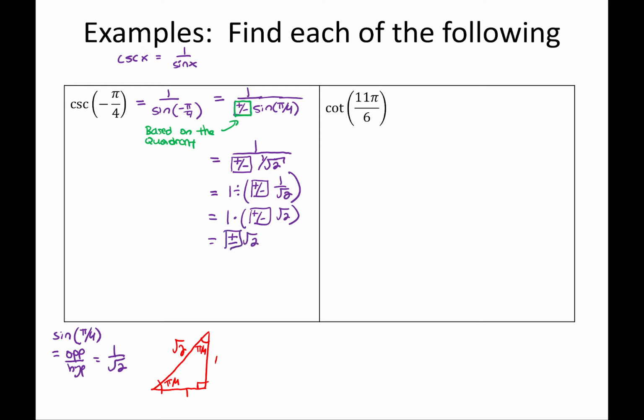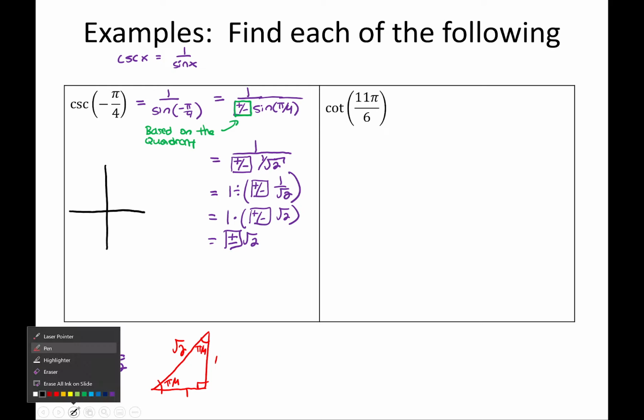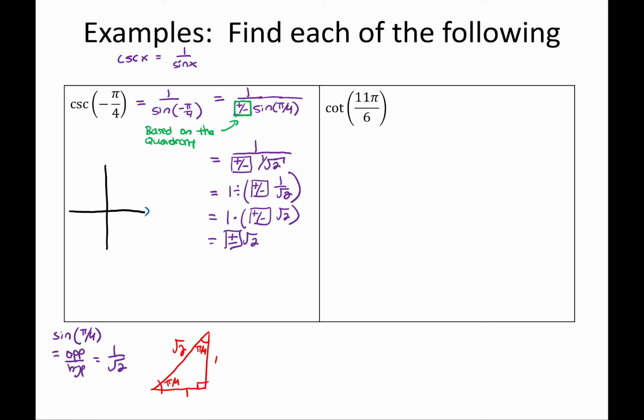Okay, we have to figure out whether it's a plus or a minus. So let's figure that out. Here's our 0. A negative angle means clockwise. So we're headed down 45 degrees. So we're here.